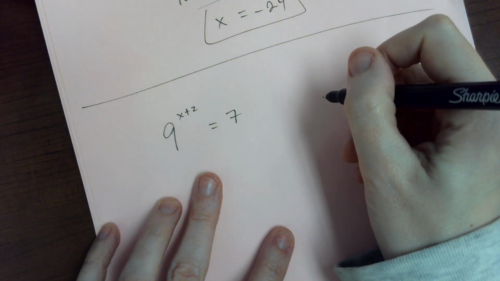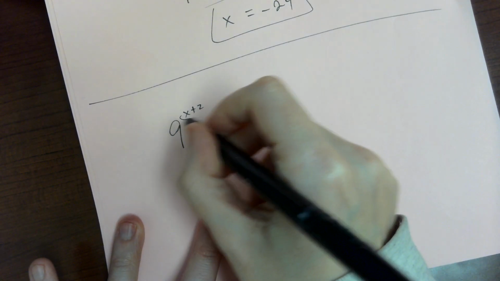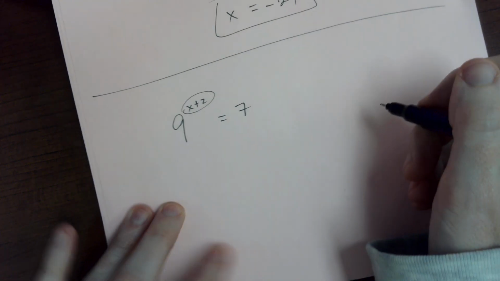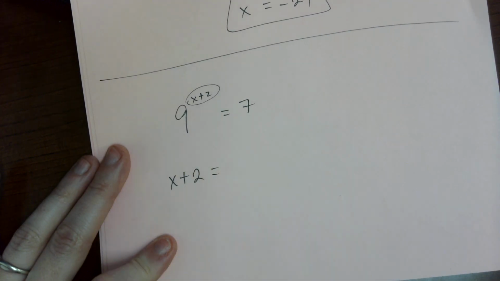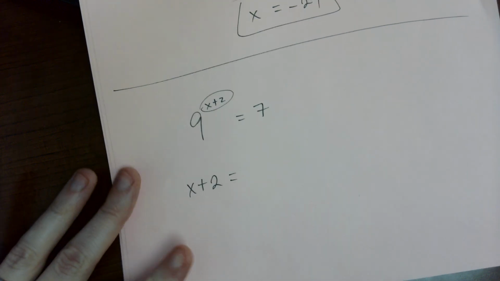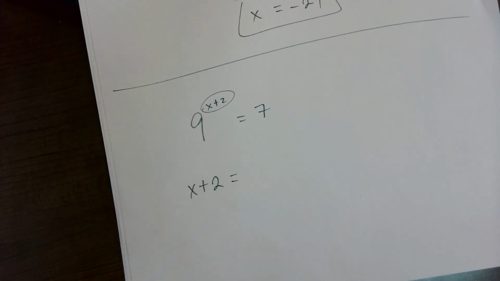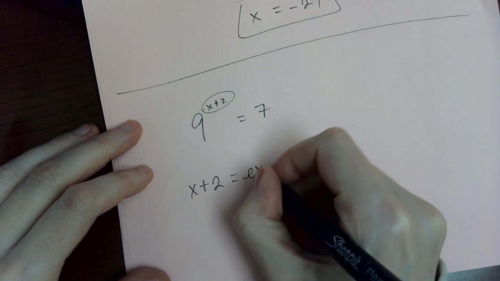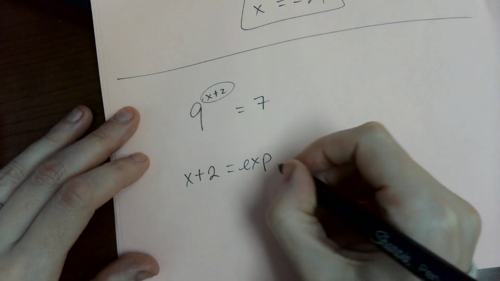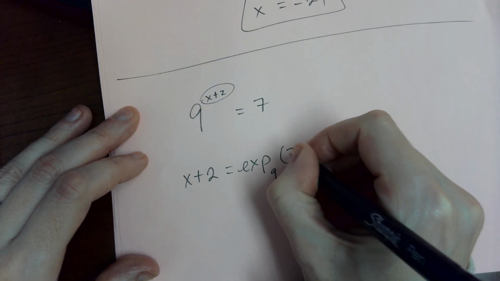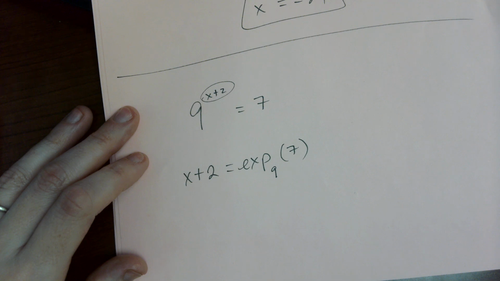All right, so I'm going to take the exponent, x plus 2, and I'm just going to write it down, x plus 2. And then you look up here and you start like translating. What is x plus 2 in this situation? X plus 2 is the exponent, exp. Every exponent has a base. It's the exponent on base 9 to get 7.